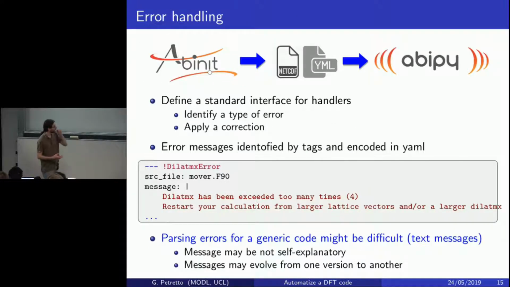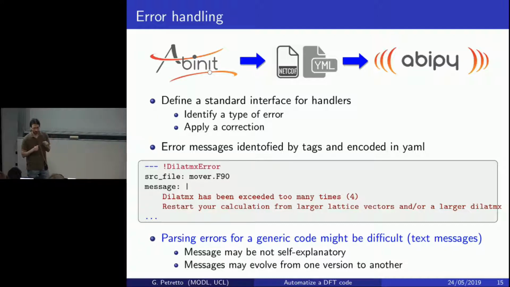Now, further handling, which is definitely needed for an automated calculation, because you don't want to go inside your folders and fix all the errors that you encounter. You need something to fix the problems automatically.